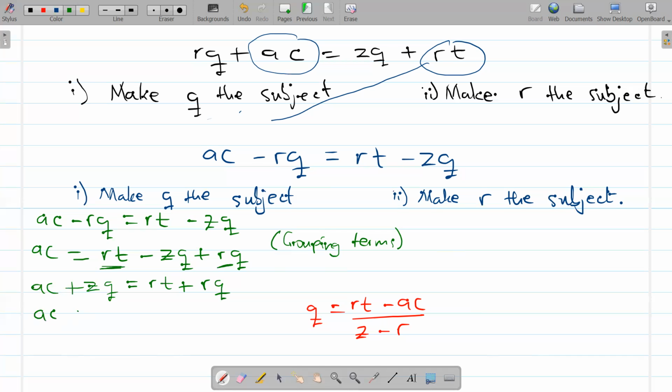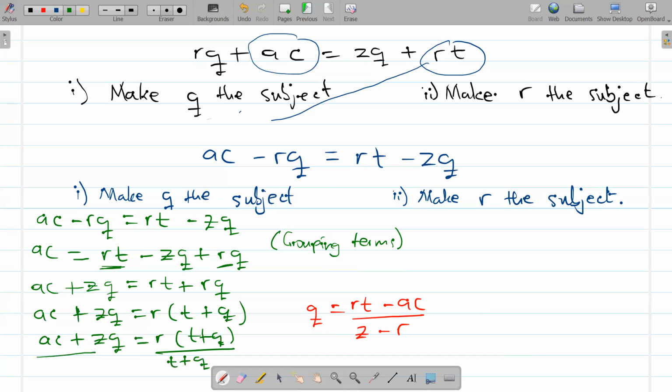AC plus ZQ is equal to R out T plus Q. I divide both sides by T plus Q. Once I cancel, I'll have my R being equal to AC plus ZQ over T plus Q. That is it. Is it okay?